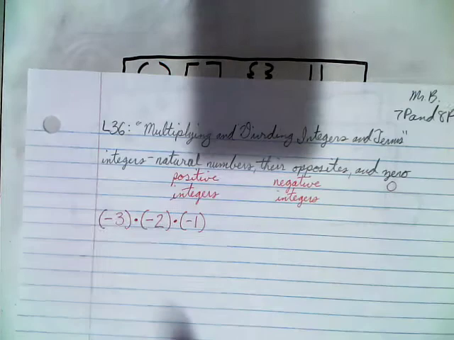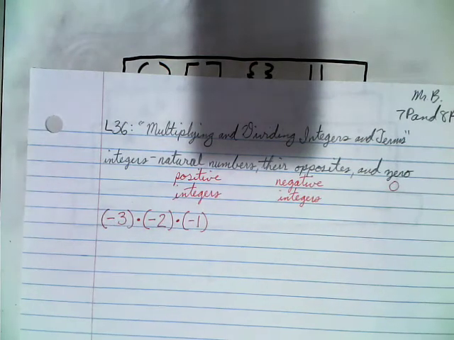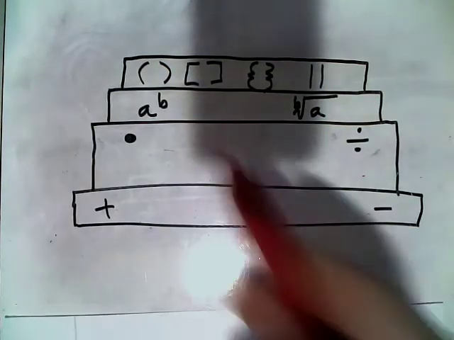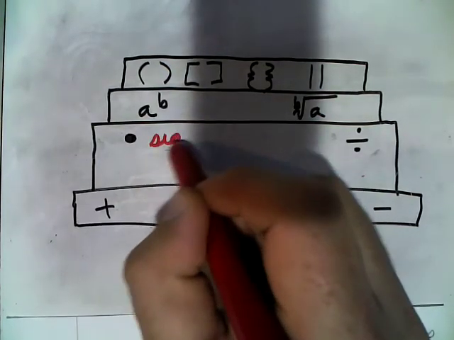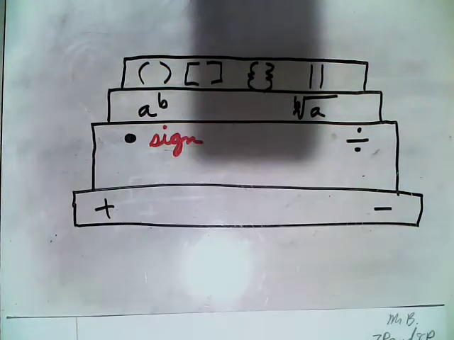when I say -3, there's a certain strength of that connection. And it's related to our operations. Essentially, it is connected with the same strength as multiplication has in the order of operations. So when you're multiplying two things together, that's the same strength of bond that we have when we have a negative sign with our 3.